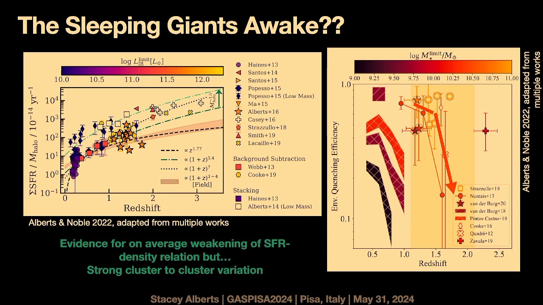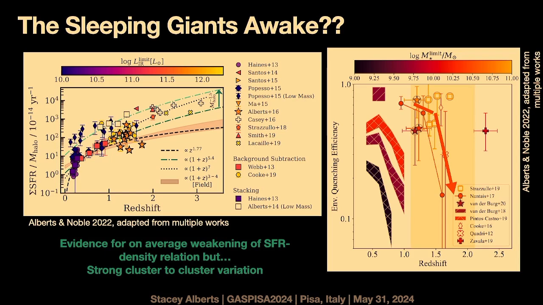But the evolution of this with redshift seems to be steeper. There's a lot of scatter there. So what's going on is there's just a lot of different scenarios for individual clusters, and of course these observations are very hard to do. But it's suggesting that there's a steeper trend than the field, indicating that some clusters at least are pretty star forming at these higher redshifts.